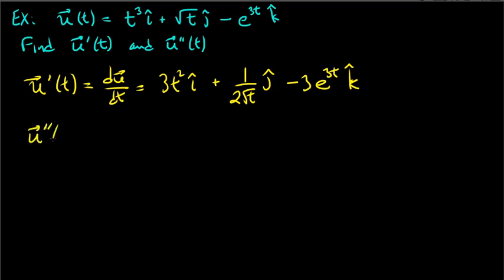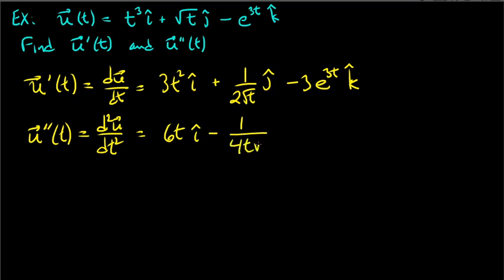So how do you find the second derivative? Just take the derivative again, right? It's d squared u over dt squared. So this will be 6 times t times i. And then this, oh boy, so this will be minus 1 over 4 times t times the square root of t, right?